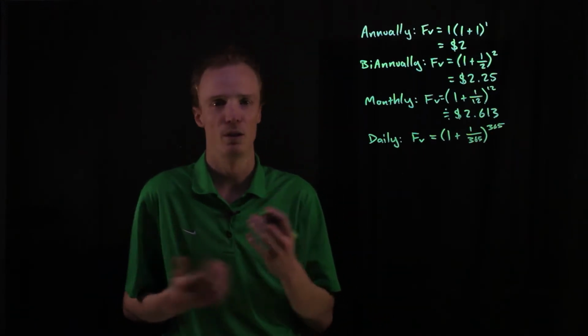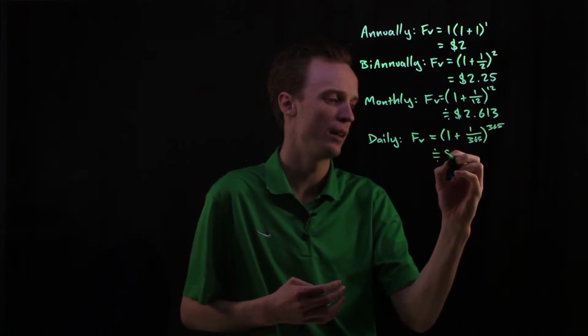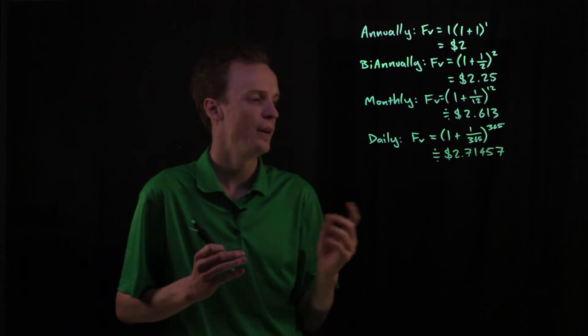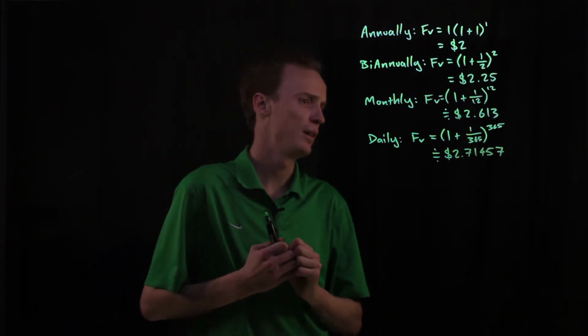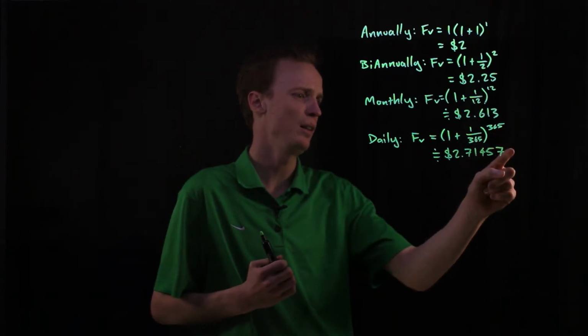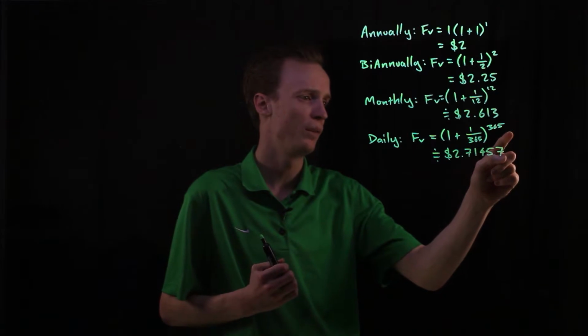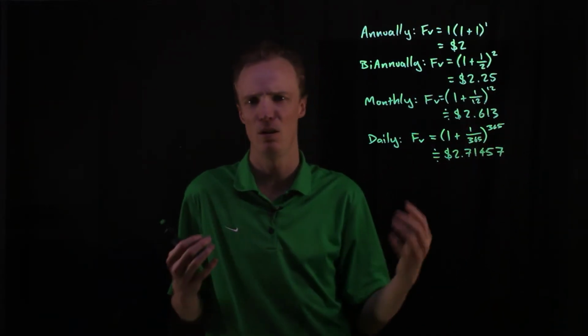So how much of a return will I get for daily? Well, when you put that into your calculator, it'll be approximately 2.71457. So the growth that I've seen here, despite it compounding so many more times, seems to be nowhere near as much as what I was getting earlier.